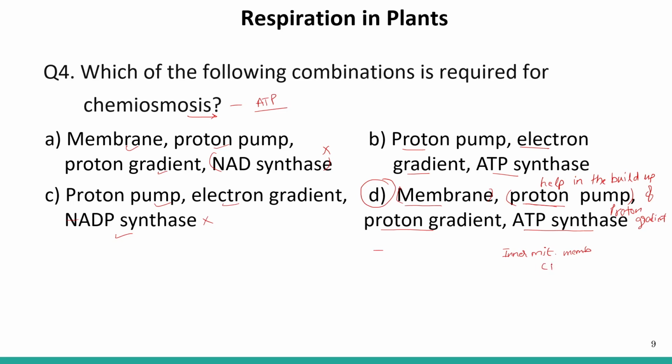So here complexes are present: complex 1, complex 3, complex 2, then we have complex 4, and then we have the ATP synthase, which is known as complex 5. Okay, as the electrons flow here downhill, protons from the matrix are transported to the intermembrane space.